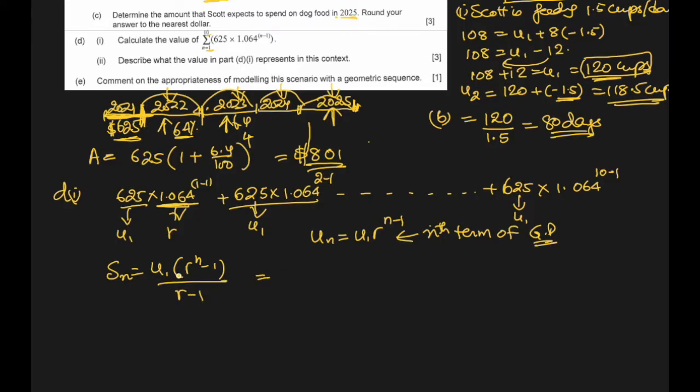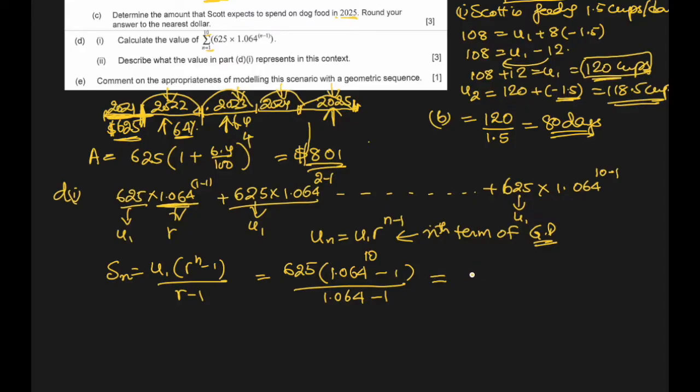So it will be how much? U1 is known to us, 625. And then r to the power n minus 1. R is 1.064. Every time we are multiplying with this, so 1.064 becomes r. And then we have n, we want up to 10, minus 1. And then 1.064 minus 1.